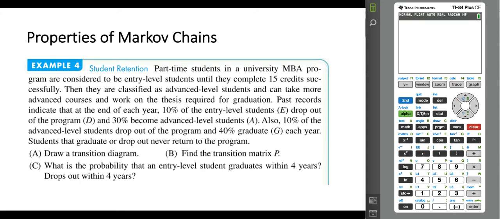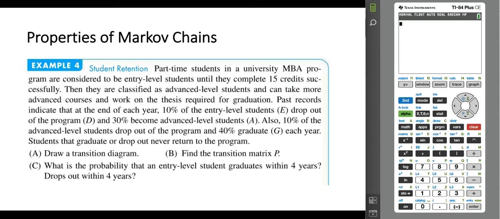So let's look at this example. This is about student retention. Part-time students in a university MBA program are considered to be entry-level students until they complete 15 credits successfully. Then they are classified as advanced level students and can take more advanced courses and work on their thesis required for graduation.